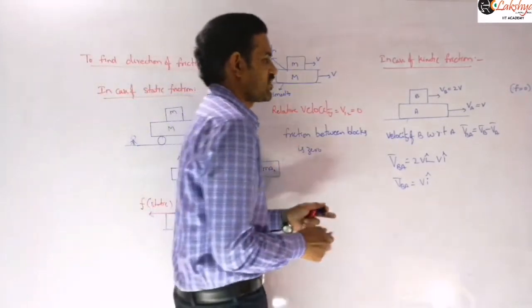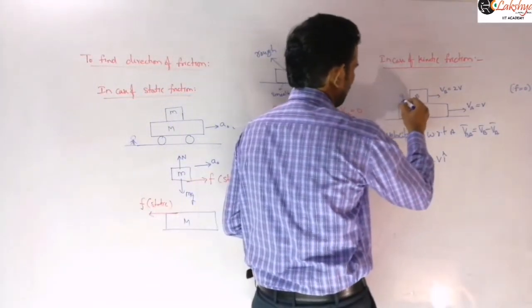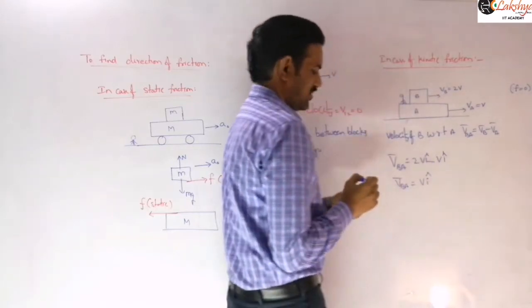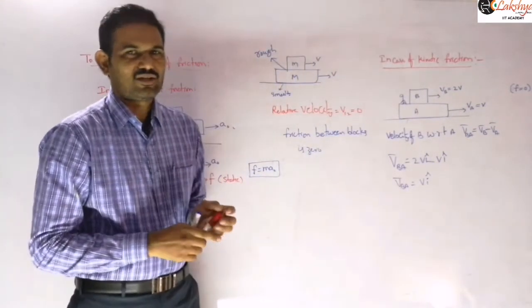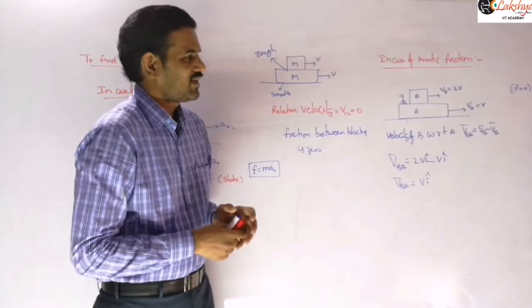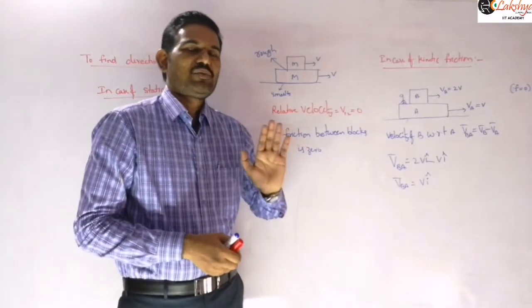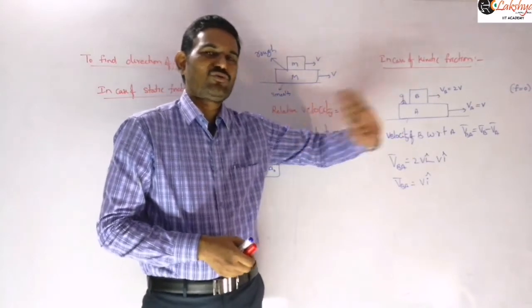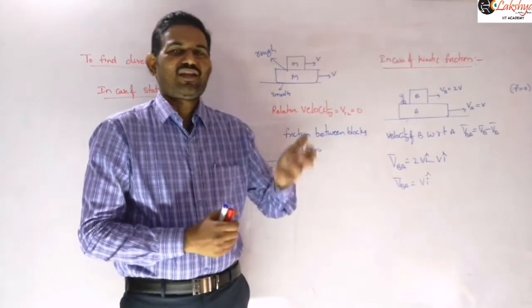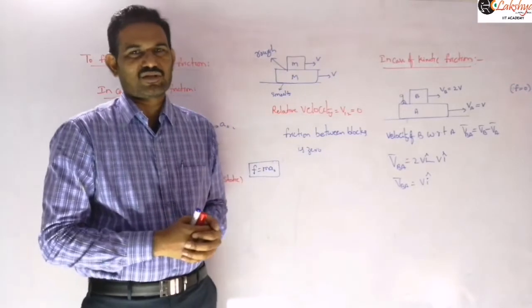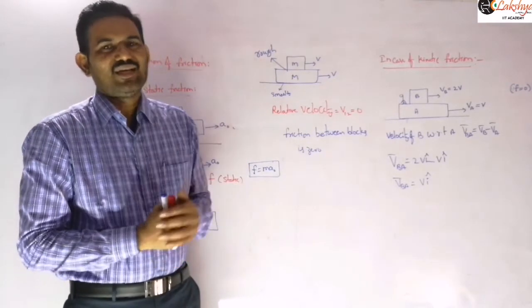Suppose an observer is standing on A, that plank or block A; then with respect to him, B is moving in the forward direction. So B has a relative motion in the forward direction. Friction always opposes the relative motion.